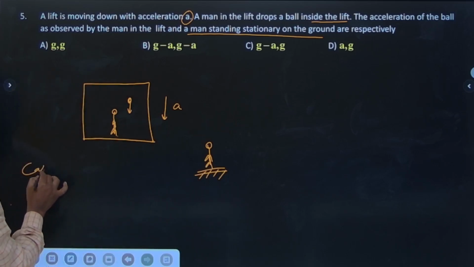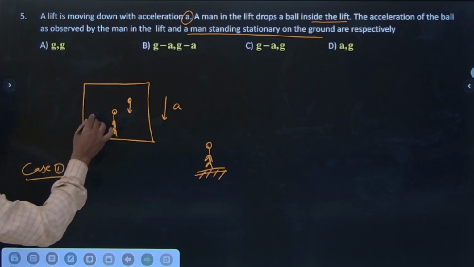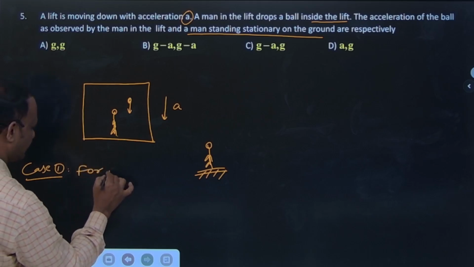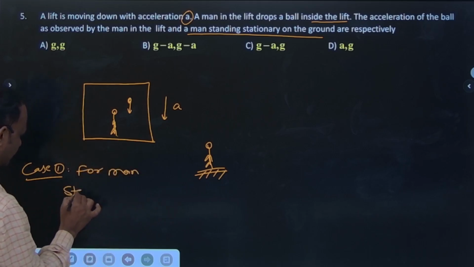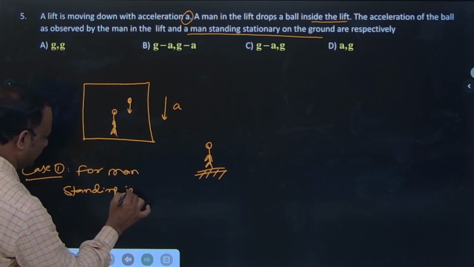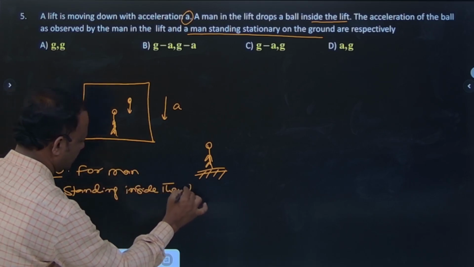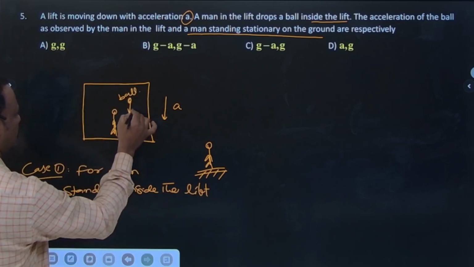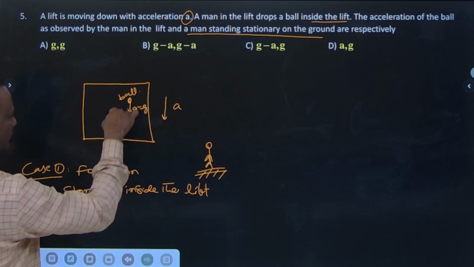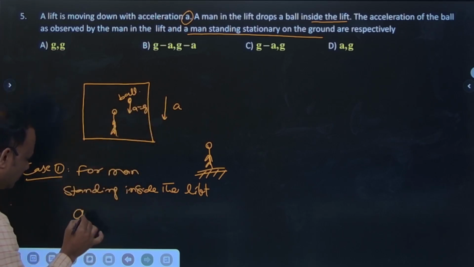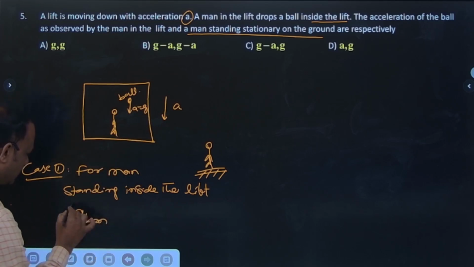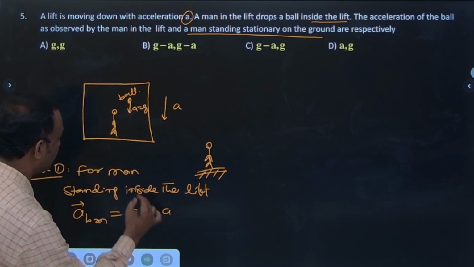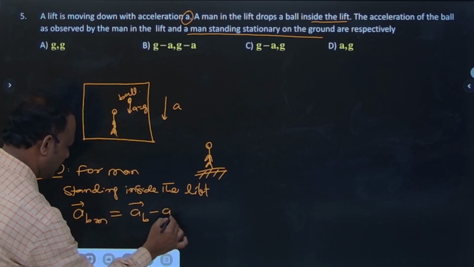First, for case 1, for a man standing inside the lift, this is the ball. The lift is moving with an acceleration A. Acceleration of ball with respect to man is equal to acceleration of ball minus acceleration of man.